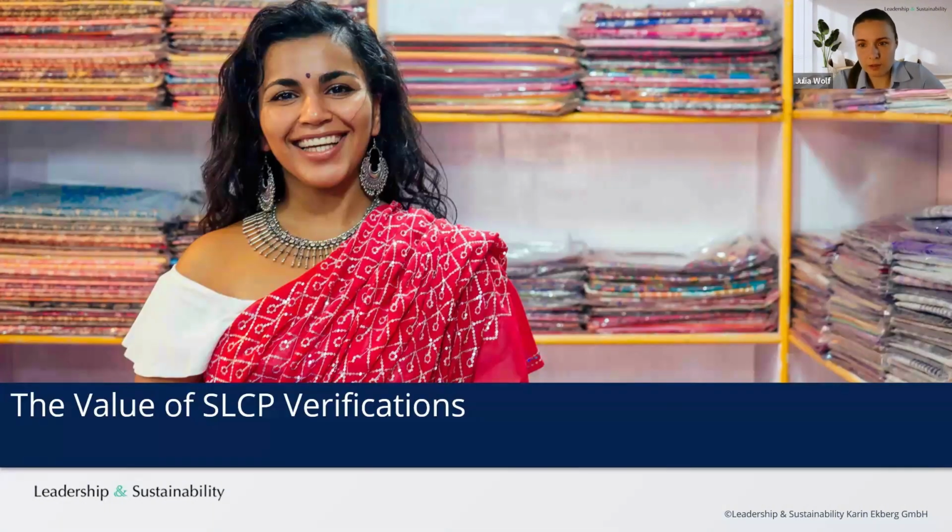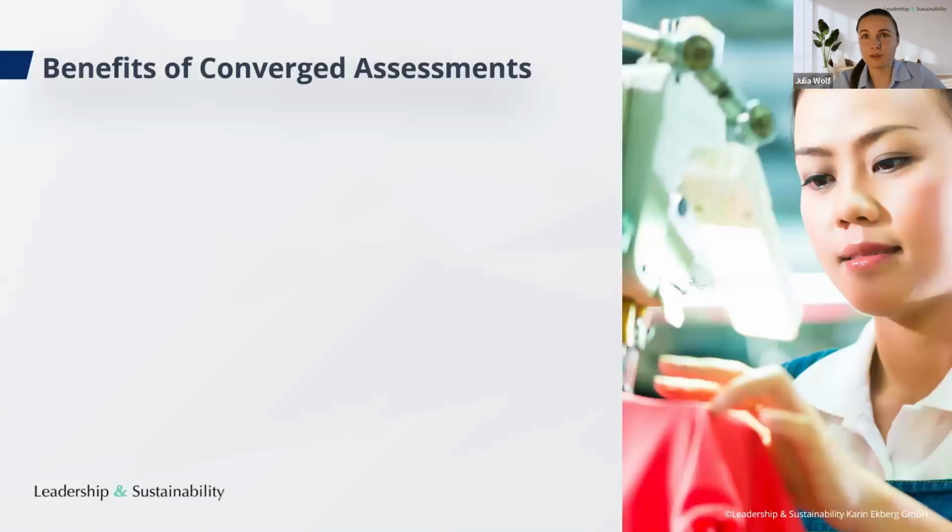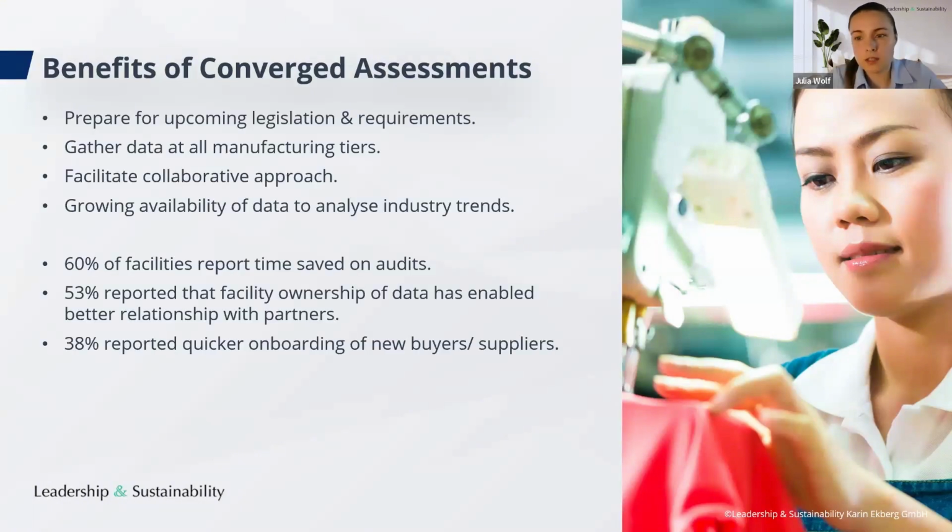Now let's also look at the value of SLCP verifications. So there are in total 5 values or benefits. No, let's first start with benefits of the converged assessments. A lot of industry stakeholders must prepare for new laws and regulations coming soon or that are already in place. And it's important to gather data at all levels of manufacturing.